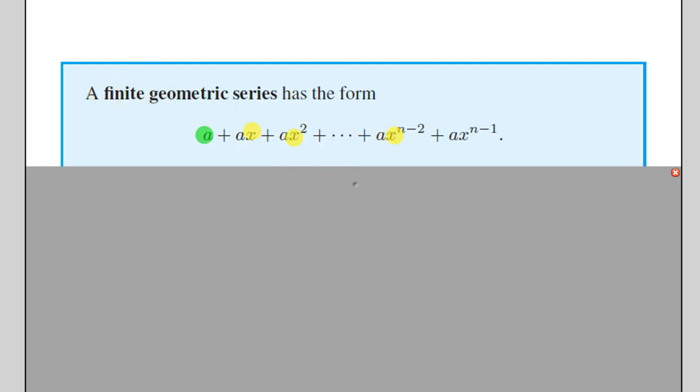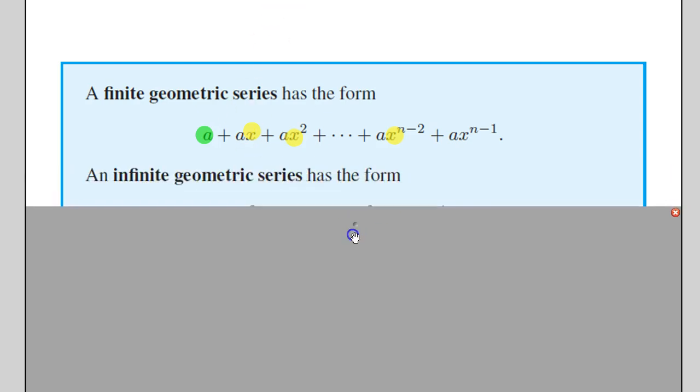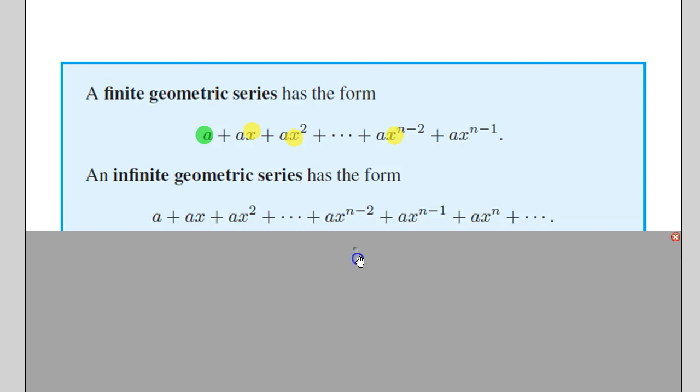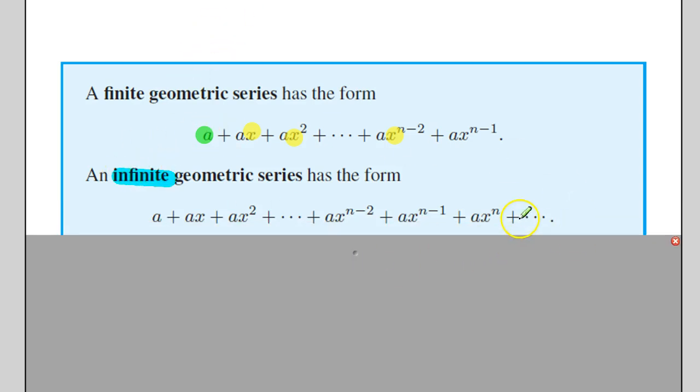And we call this finite because we only had it up to, for example, 10 values, 40 values, 40 sums, whatever you want to call it. An infinite geometric series has no ending 10 or 40, so we indicate that by a dot dot dot. So make sure you consider whether you have a finite geometric series or an infinite geometric series.